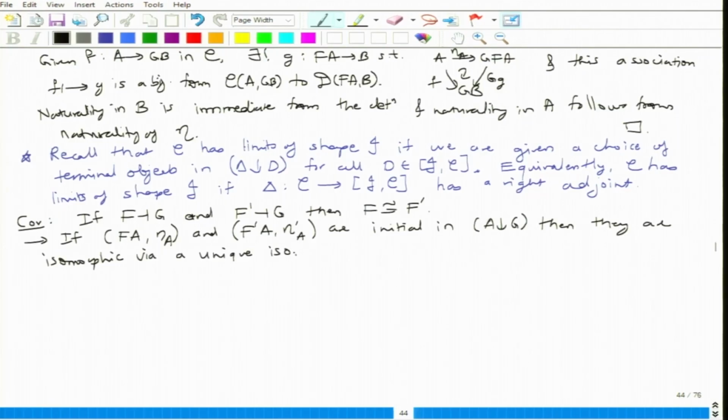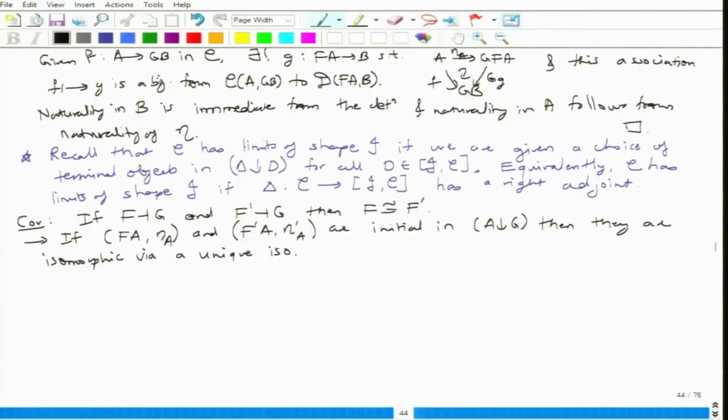This FA comma eta A is the map eta A from A to GFA. You remember that? It's happening in the arrow category A arrow G. So these are isomorphic via a unique isomorphism, say alpha A, from FA to F dash A in D.